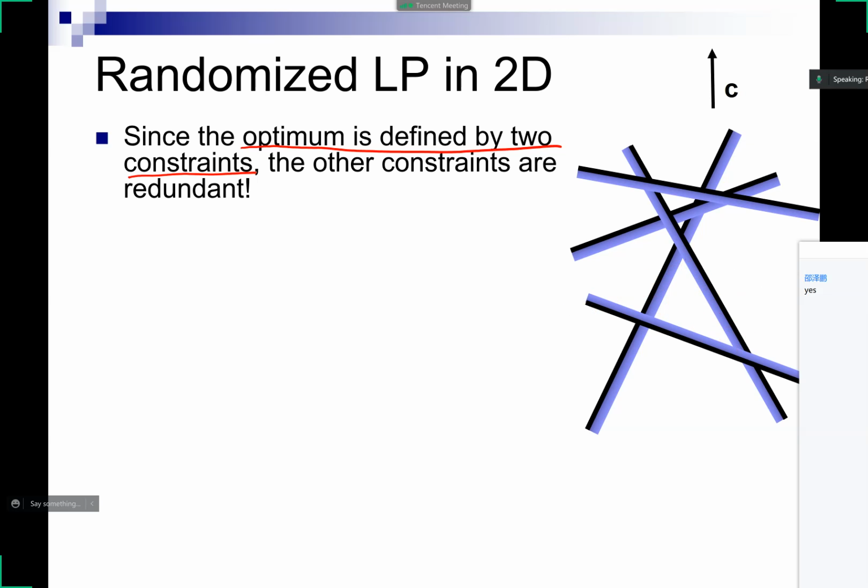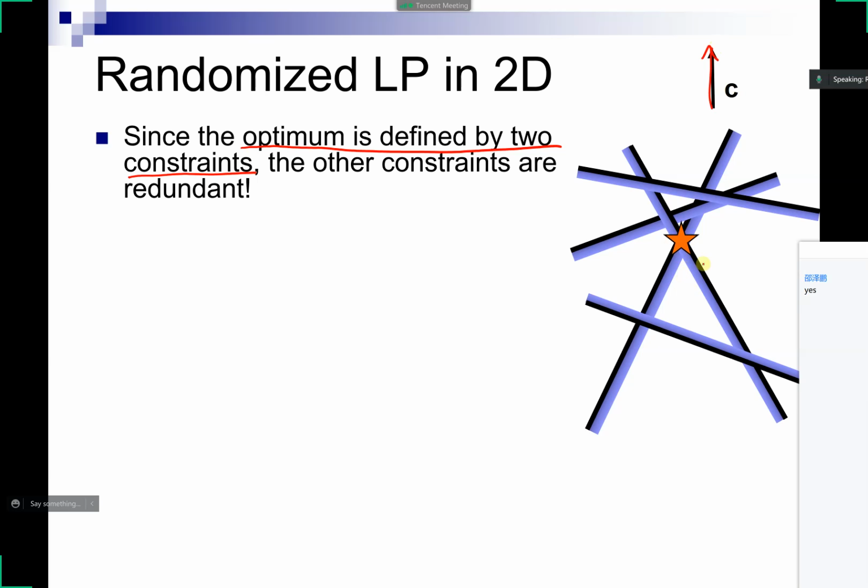I'm drawing a bunch of these constraints, and suppose the objective function, remember that optimizing an objective corresponds to moving in a particular direction as far as possible. So let's say that we're trying to move in this direction as far as possible. Then the optimum value is going to lie at this star over here.